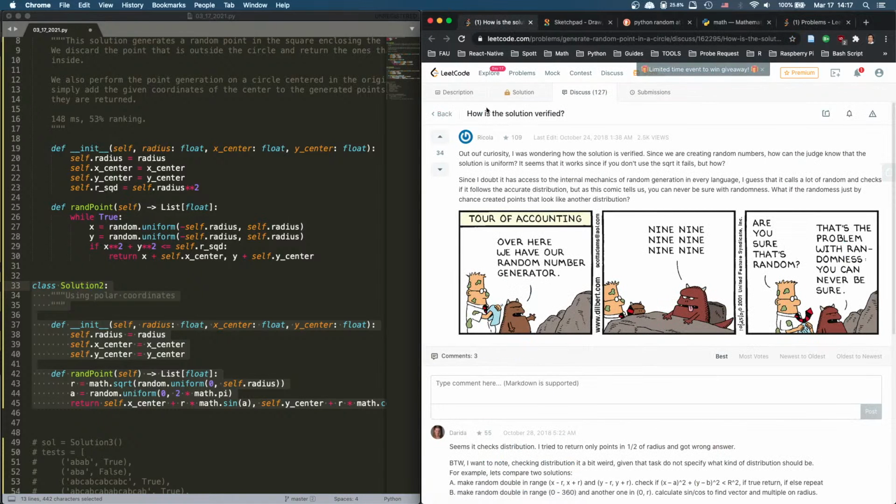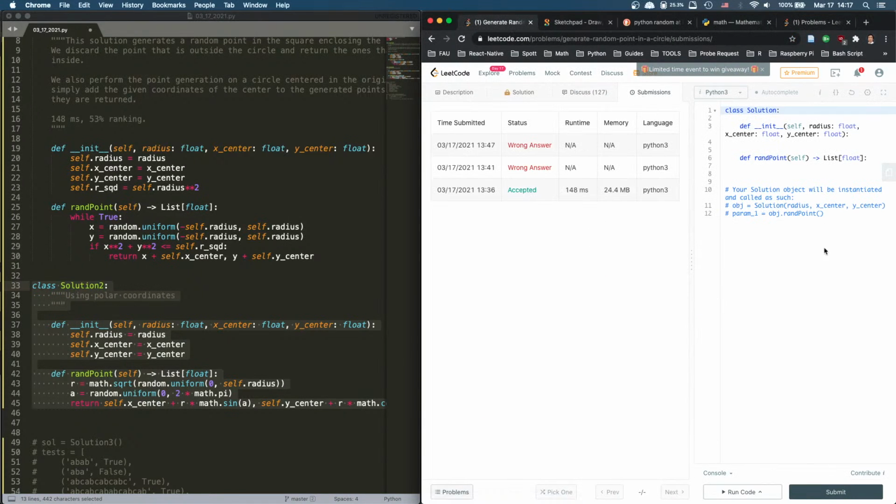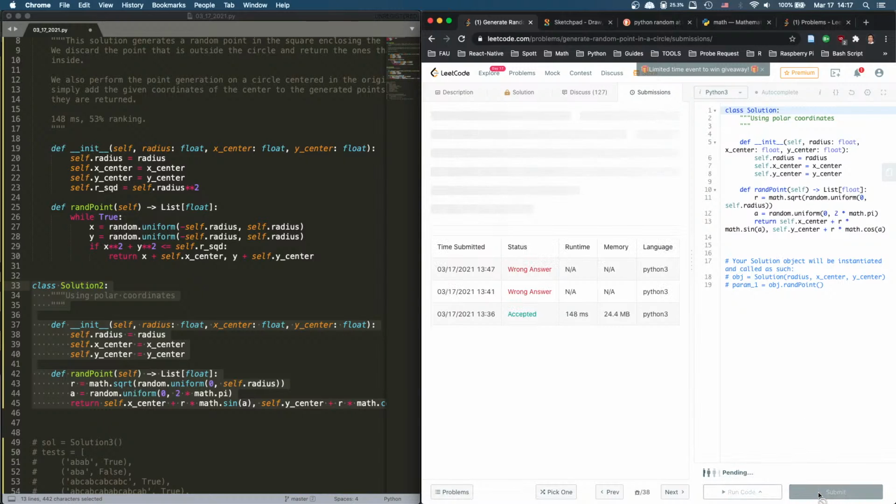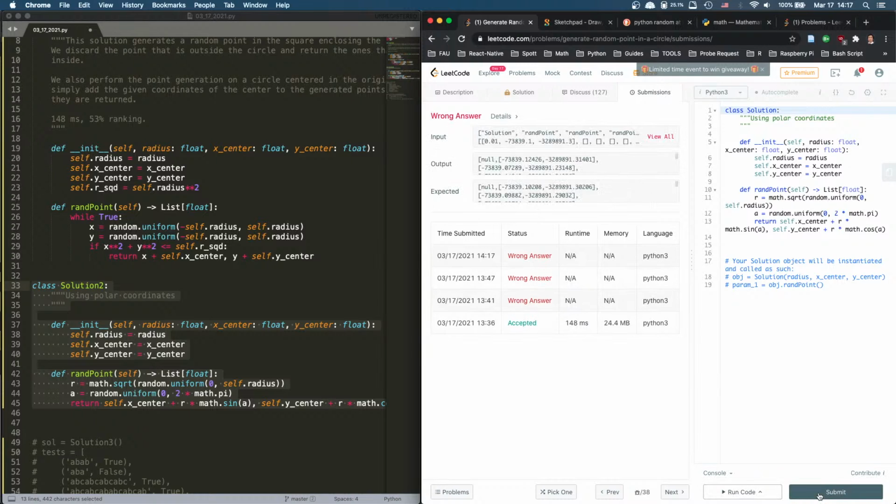Go back to the problem, to the submission. Let's try the polar again with a sqrt. This one shall work. No, this one's still not working. Why? I did this SQRT trick.